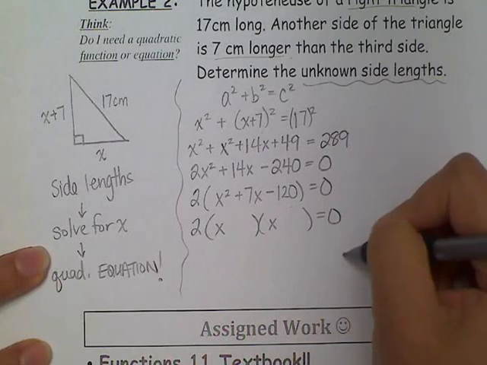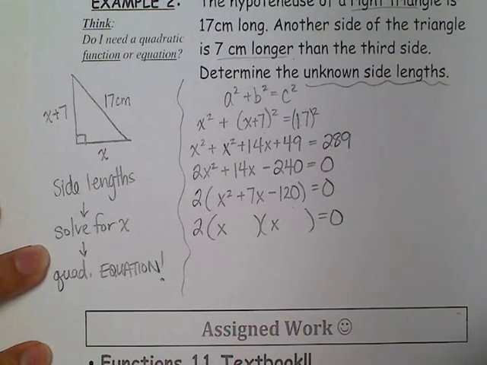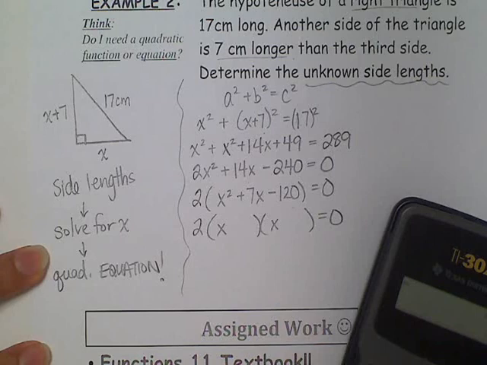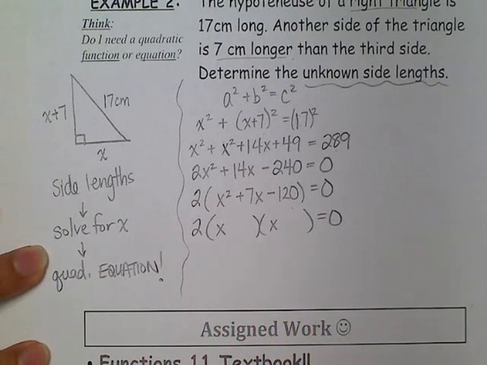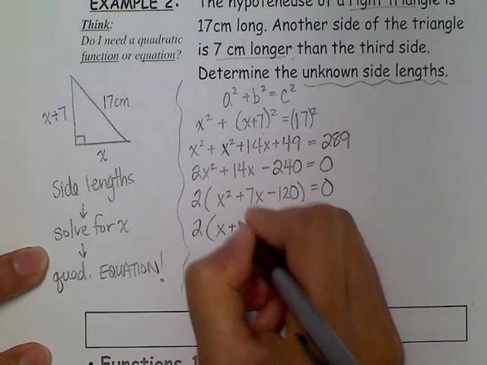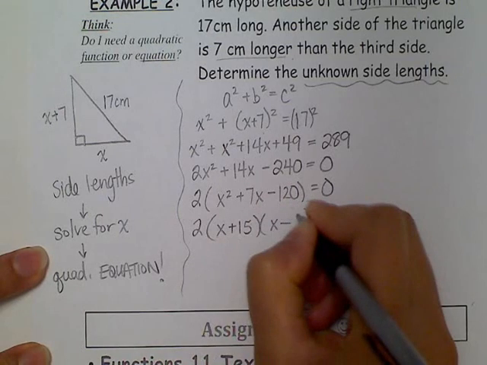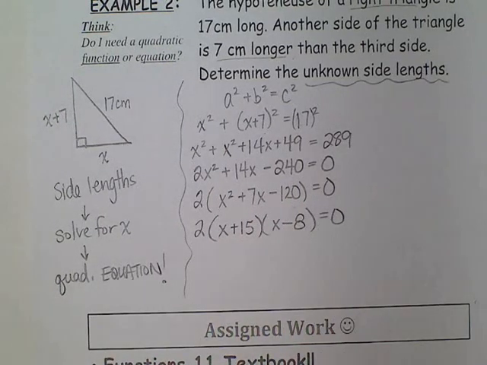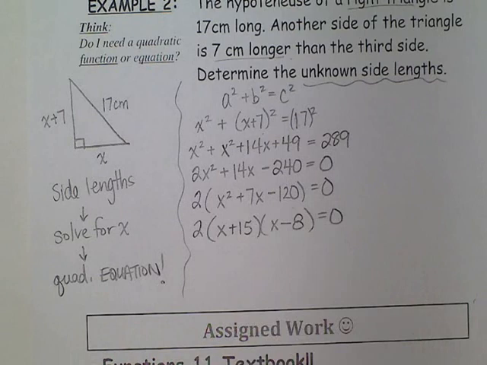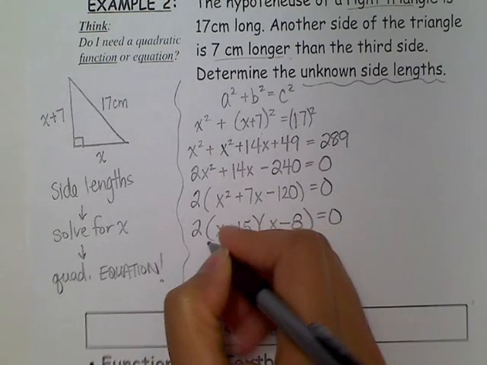And again, this time don't forget to write equals 0 all along the side, because again you may make a small error. And I believe 15 times 8 multiplies to 120. And so if I have x plus 15 and x minus 8, that'll give me a product of negative 120 and a sum of positive 7.